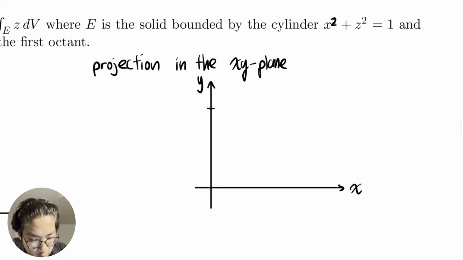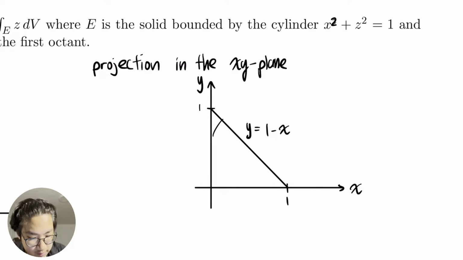So let's say we draw 1 over there. And then just a diagonal line straight down, roughly, that's a point. This is 1 as well. So again, this is y is equal to 1 minus x. Then we can briefly sketch this in as well.